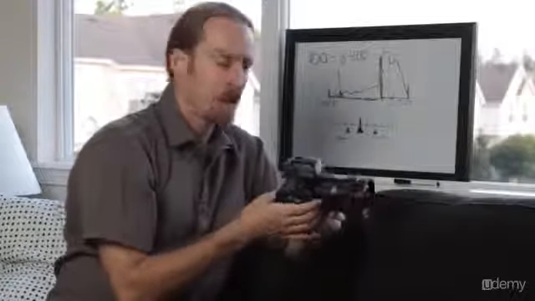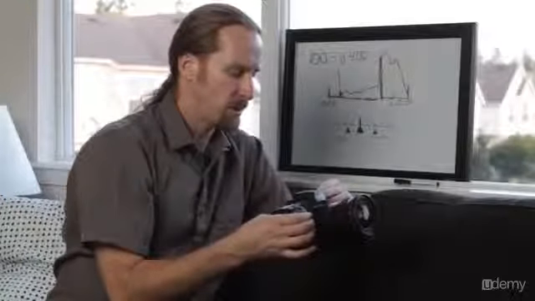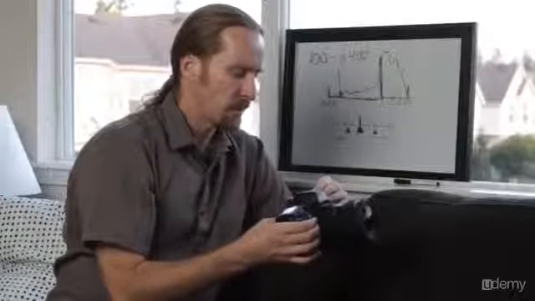So to really experiment and understand aperture, one of the simplest ways, and in fact one of the ways I mostly shoot on these cameras, is to take it off program or full auto mode.